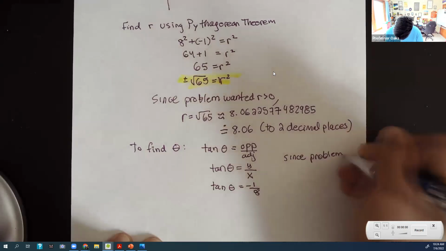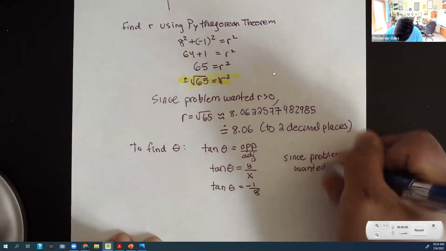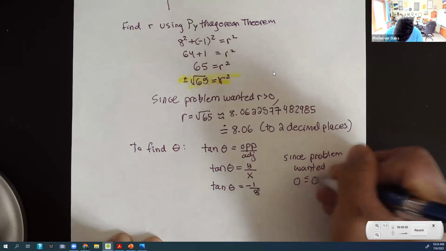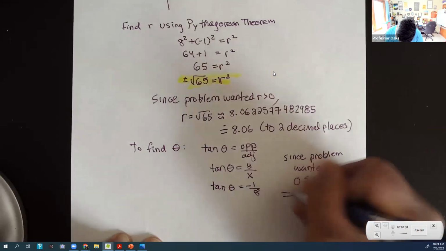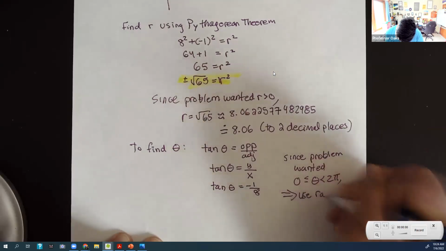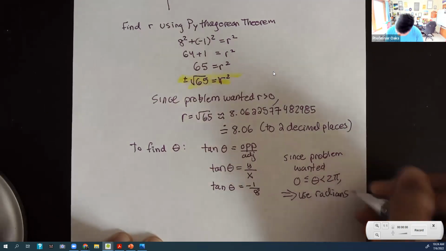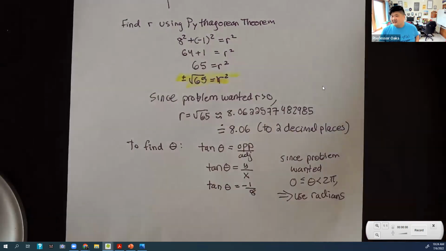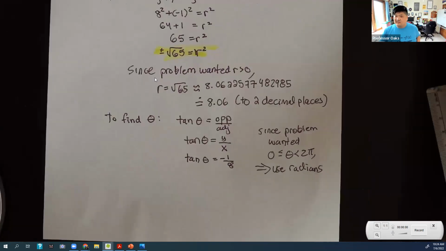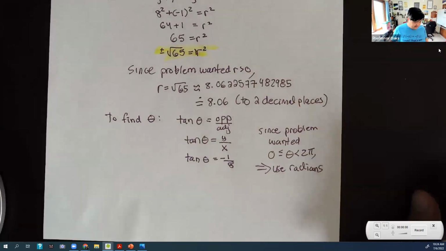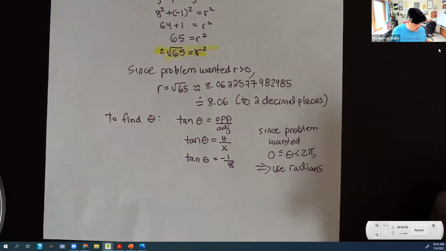But if I look at that, since the problem wanted 0 less than or equal to theta less than 2 pi, that means that you should use radians. This is one of those things where because the last chapter used a lot of degrees, if you forget to change your calculator back to radians, you could get a wrong answer.